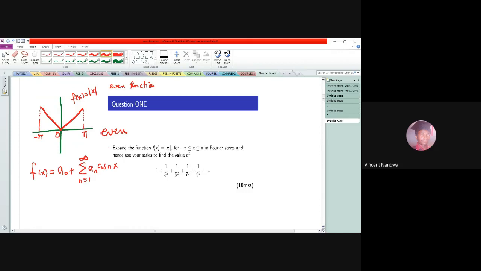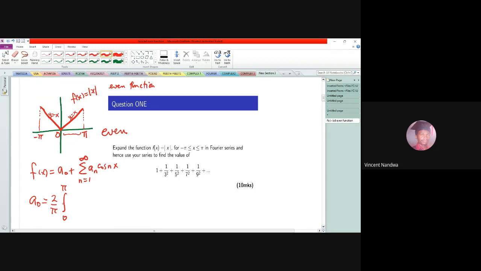And we know if the function is even, then a naught is given by 2 over pi, integral from 0 to pi. For this, we just pick the positive part. Remember, this limb is the same as y equals x, and this limb is the same as y equals minus x. So just pick the one that is positive.